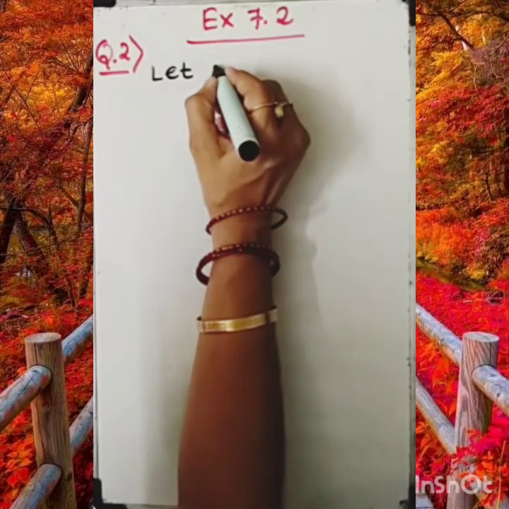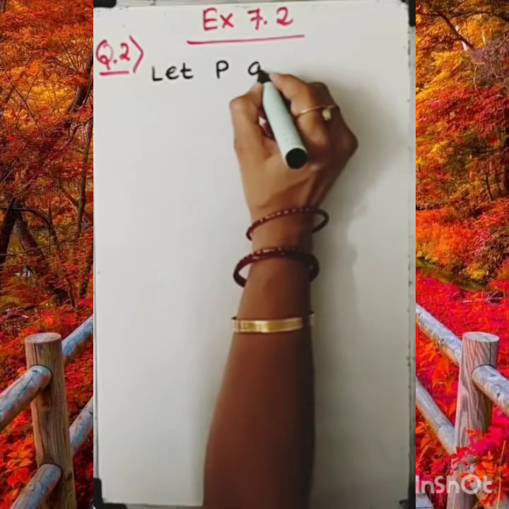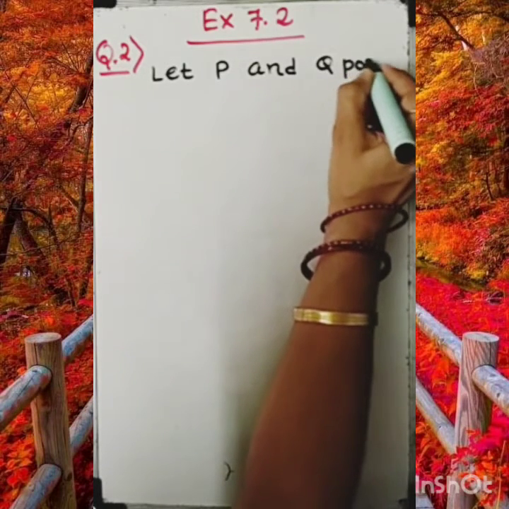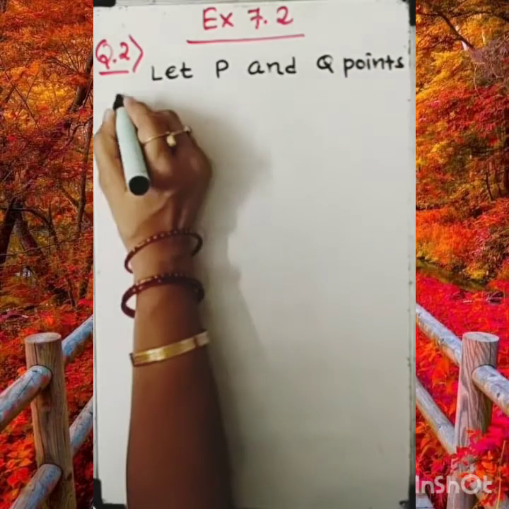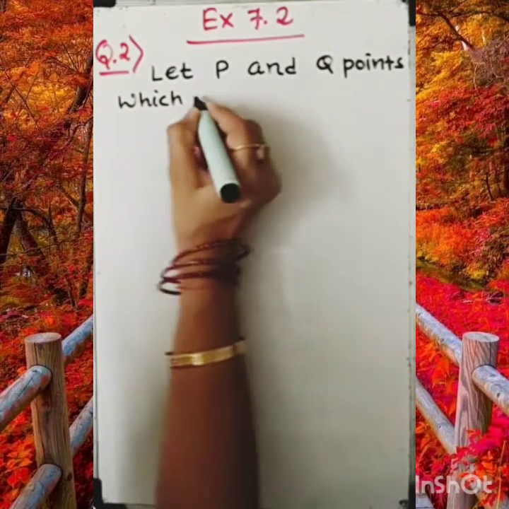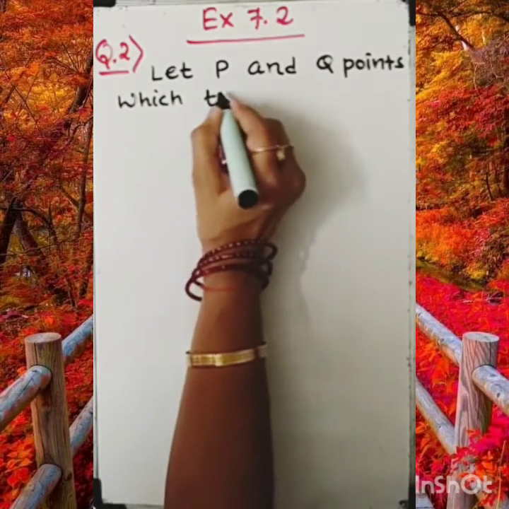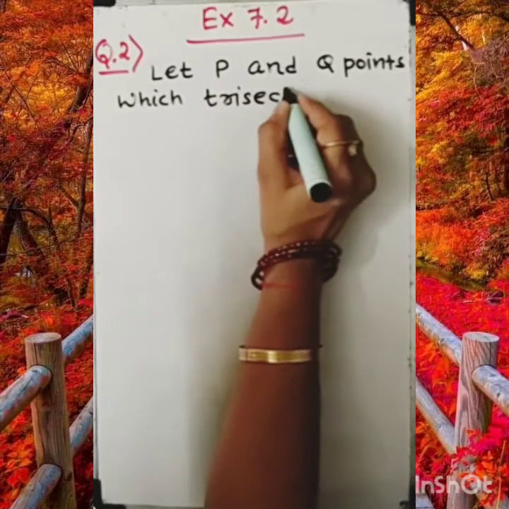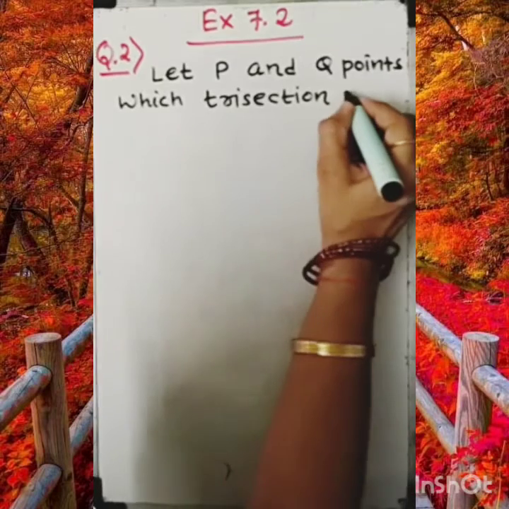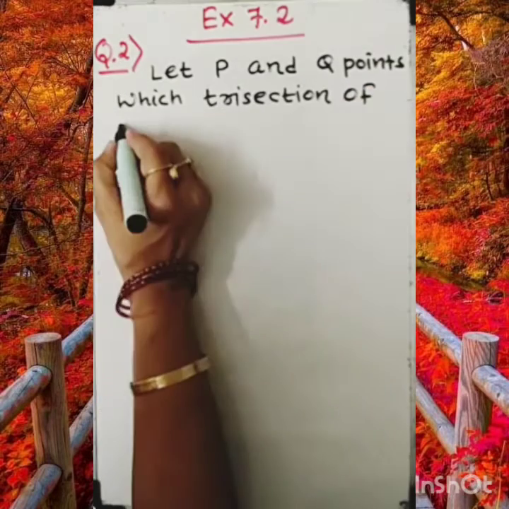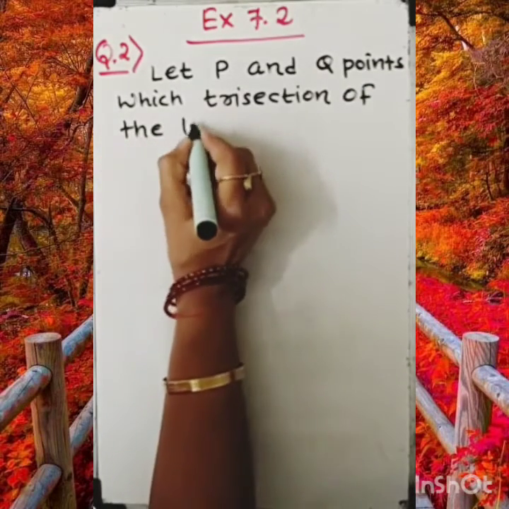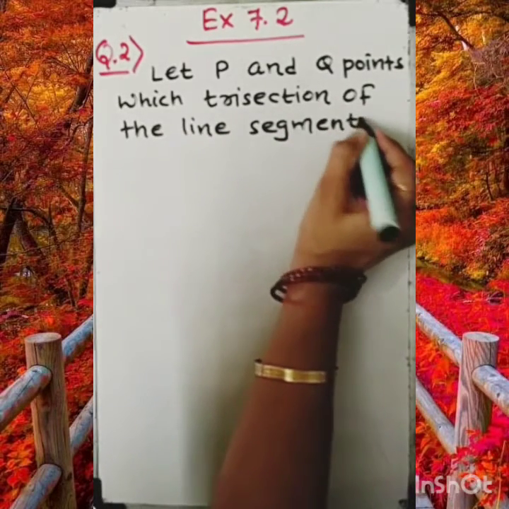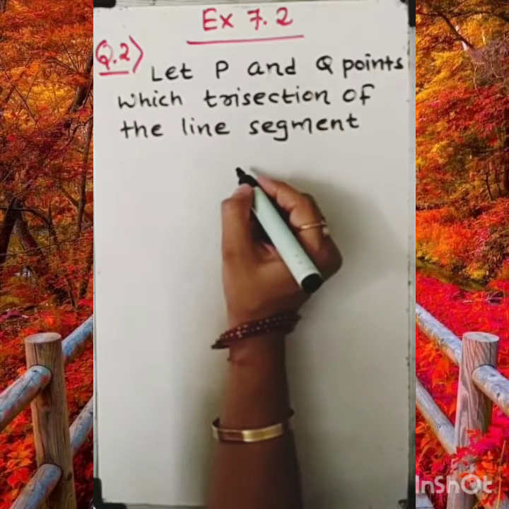I am considering P and Q, the points of trisection of the line segment AB.